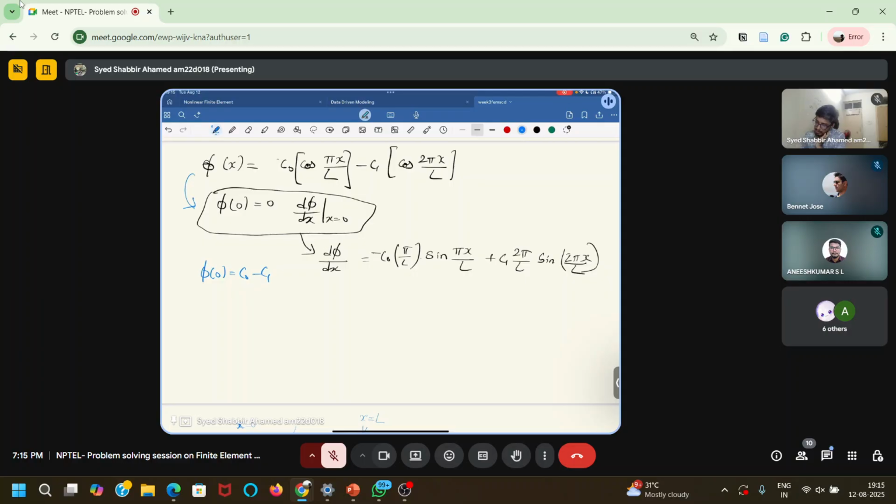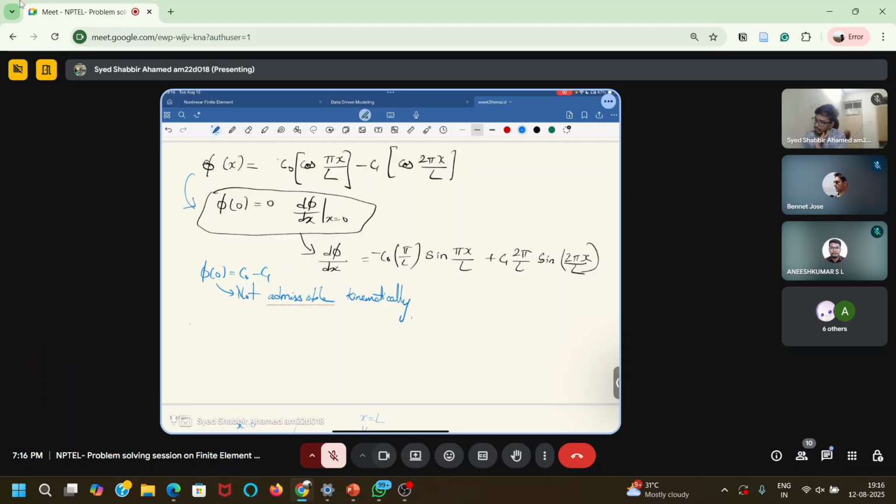But here this will be satisfied, there is no harm in this. The second will be satisfied because if you substitute x equals 0, sin will become 0. So the first is not getting satisfied, not kinematically admissible. So we cannot assume this as our approximate solution.